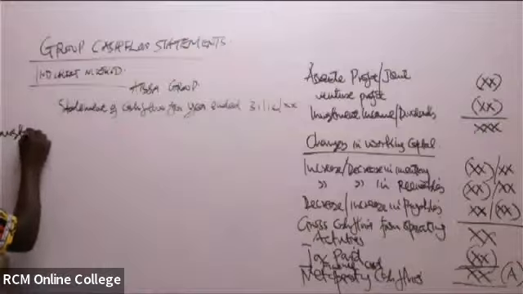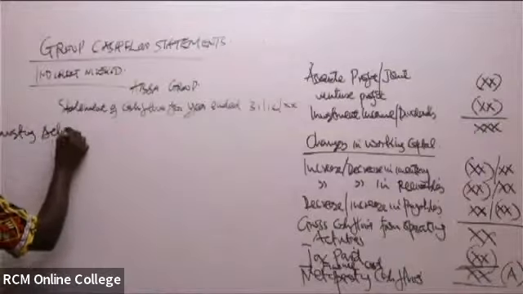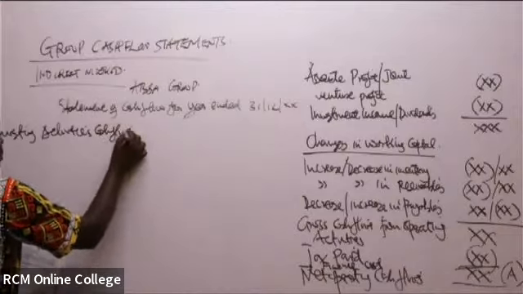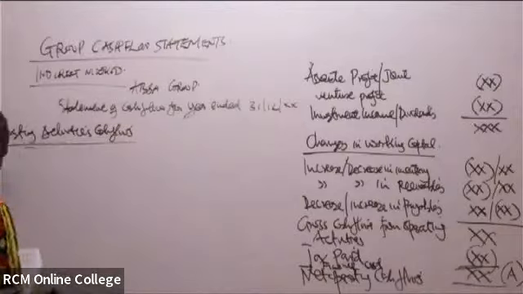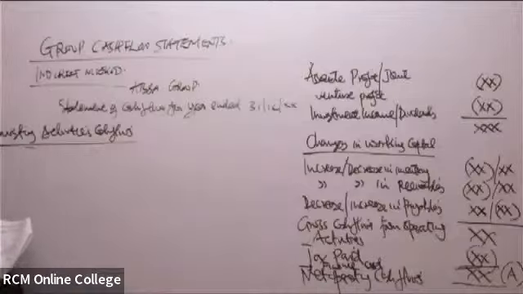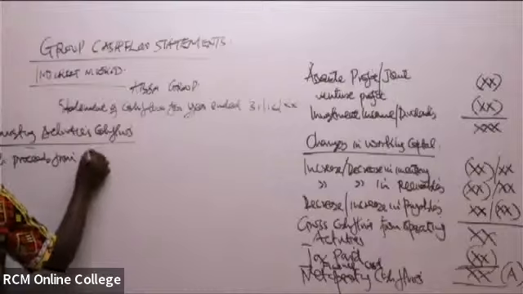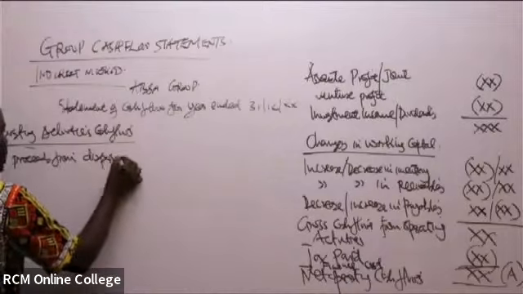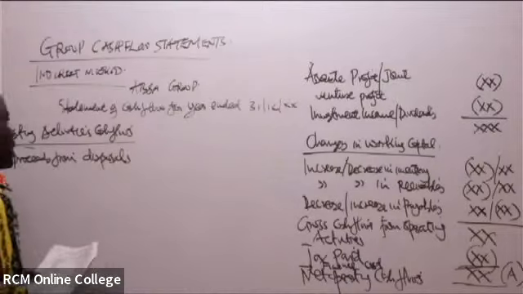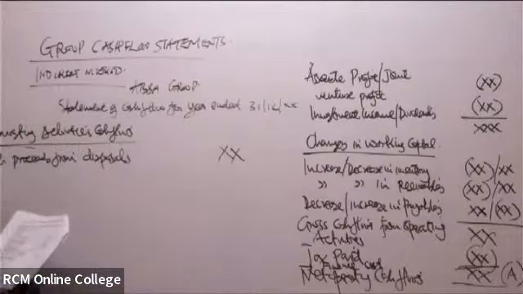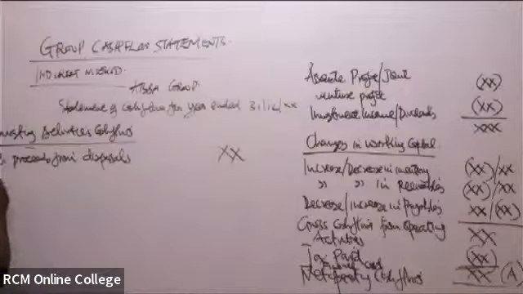We're gonna have cash proceeds from disposals. Maybe you sold some items, some assets. So those were disposals. So they gave you some cash. So you consider that.